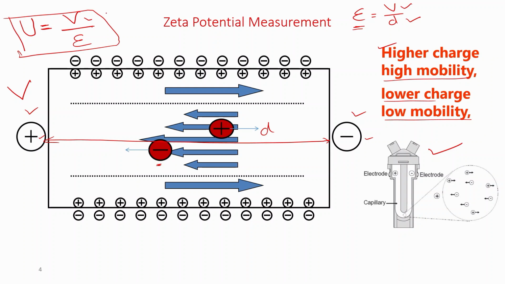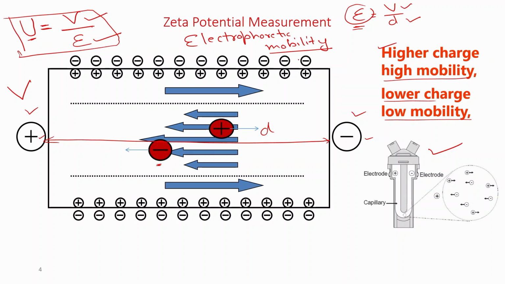If we are able to calculate the velocity, we will see in the coming slide how to determine the velocity of the particles when placed in an electric field. The electric field strength we have from this formula, and then from this we can determine the electrophoretic mobility.